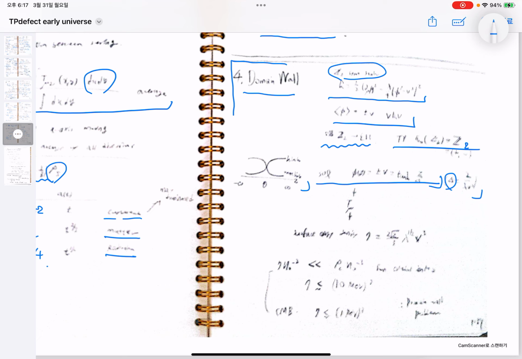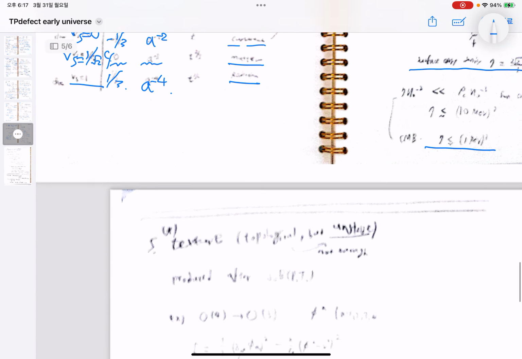There is a kink solution and an anti-kink solution here. And also we can calculate the surface energy density as a function of lambda and v. And to avoid the cosmological problems with the CMB, this surface energy density eta should be smaller than the 1 MeV scales. This is the main problem.